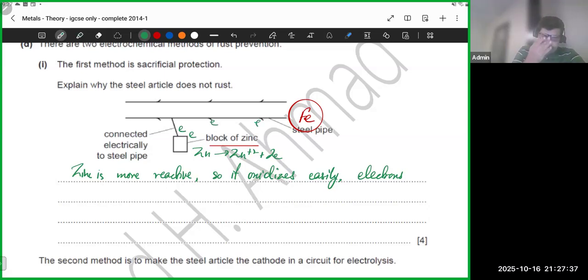So electrons travel from zinc to Fe. Any electrons that are gained by oxygen or water, even if they're being gained at Fe, are indirectly coming from zinc. So Fe would not be able to lose electrons.